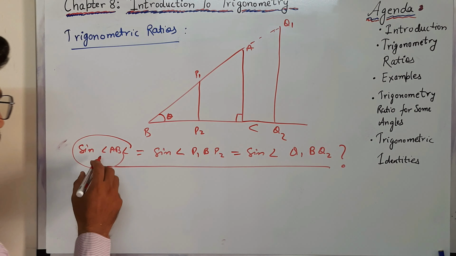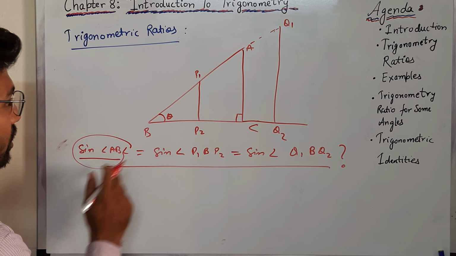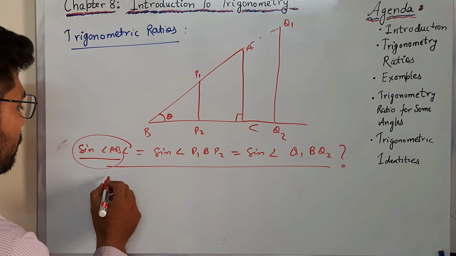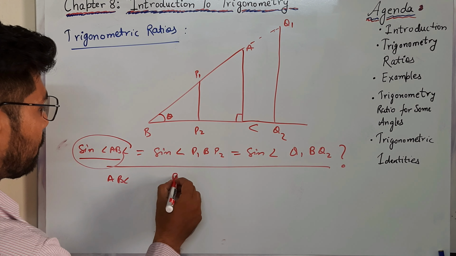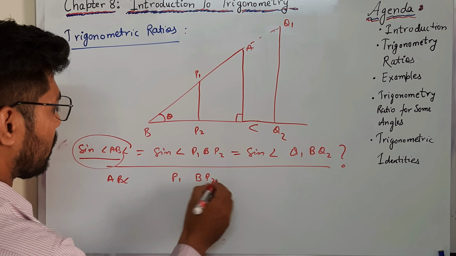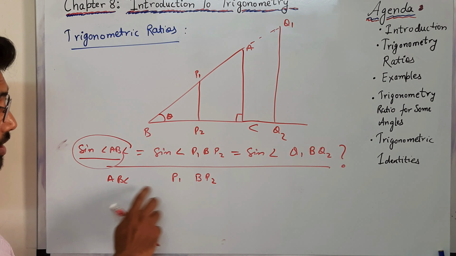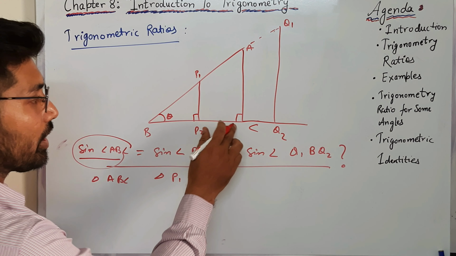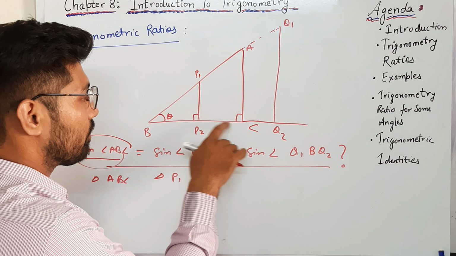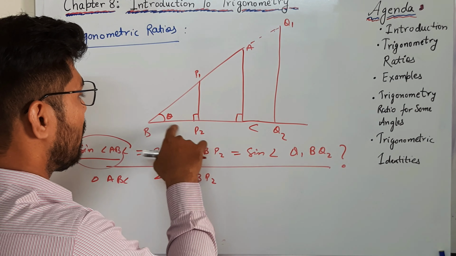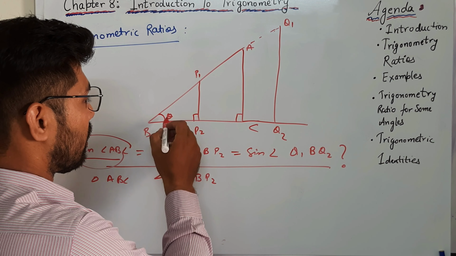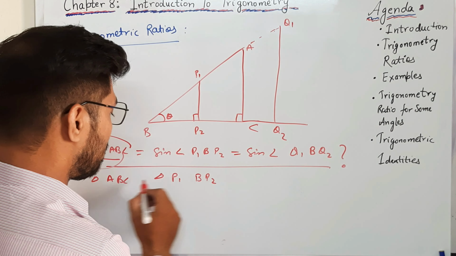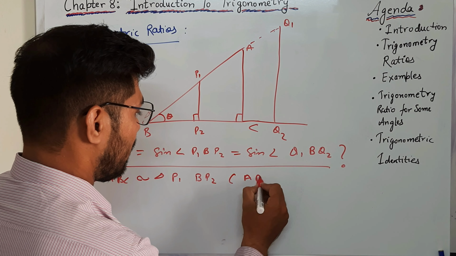Now we know, for this triangle ABC and triangle P1 B P2, let's take this triangle first as an example. You can see this angle is also 90 degree because this is perpendicular. This angle is also common between them, so the third angle is also common, so they are similar, if we apply the triple angle property.